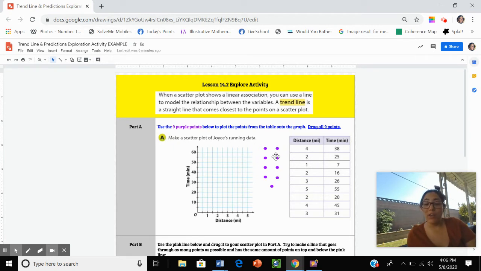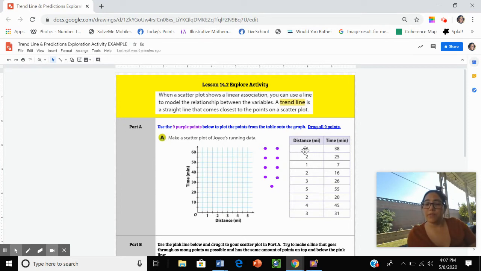In part A, you're going to interact with these 9 purple points, and you can drag them to your graph. I'm getting all of these points from the data in this table. The book goes into detail about Joyce, a runner who is tracking her data. I'll do the first one for you.